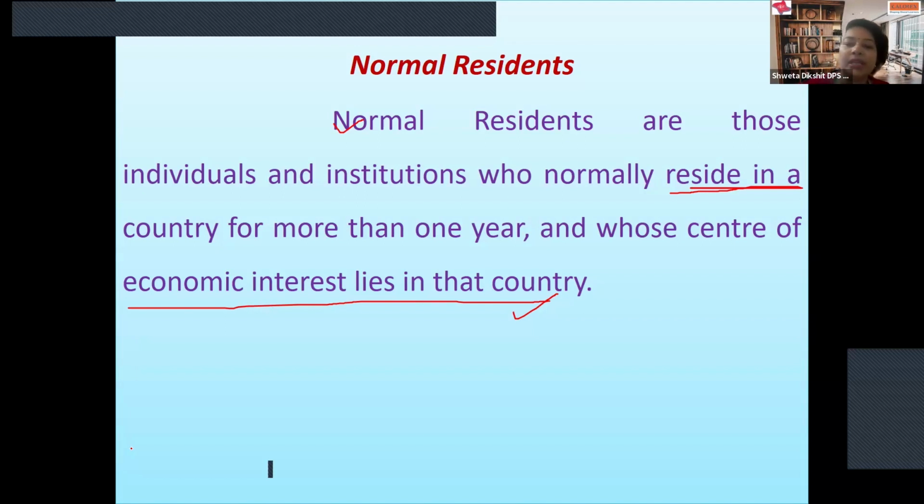They have started paying tax to the government of India. That is all known as to be the normal resident of India for that Russian family. I hope it is clear to you. If any doubt, please contact me at the end of this session. Otherwise, in some other session we can talk about the doubts.